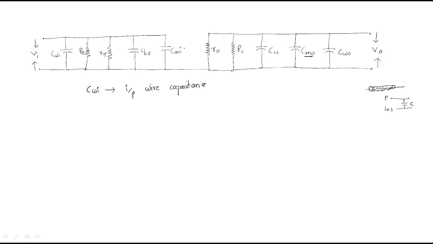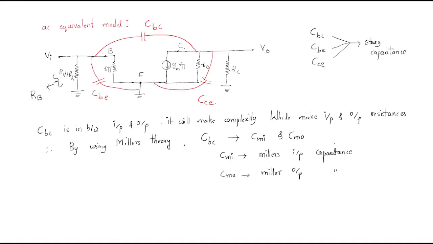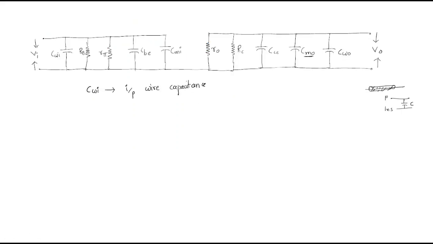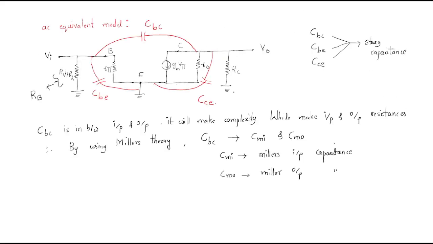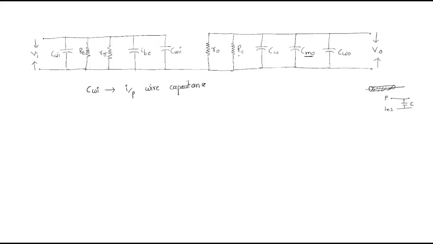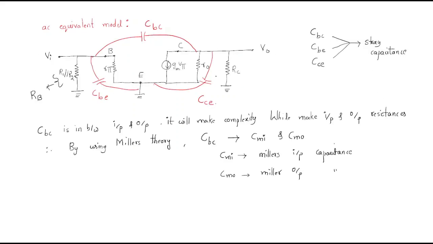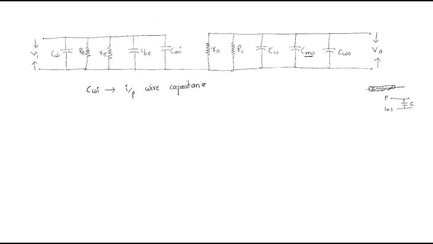What about the output side? On the output side we have a resistance RO, the output resistance, and it has RC here. This RC resistance, and the capacitance between collector and emitter.